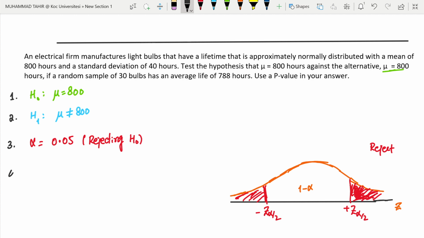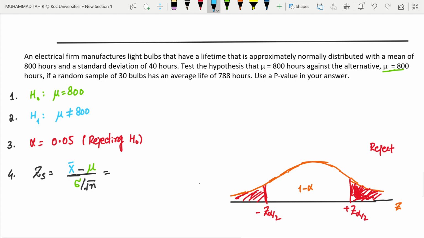What is the fourth step? The sample statistic is x bar minus mu, the population mean, divided by the population standard deviation divided by the square root of the sample size.